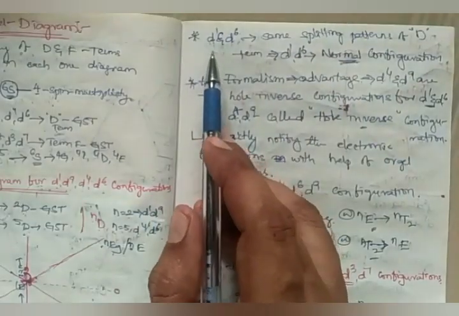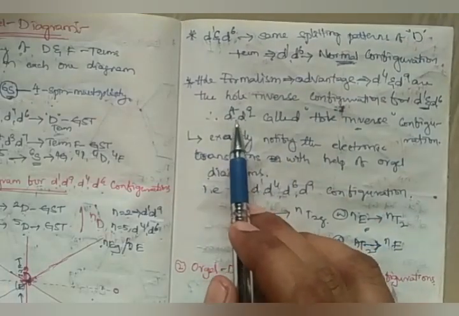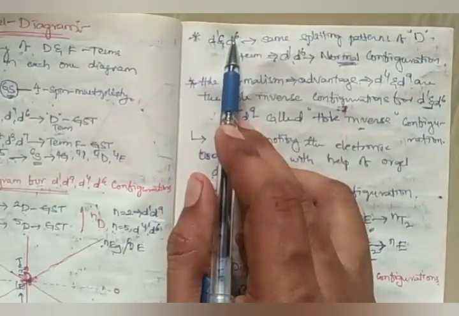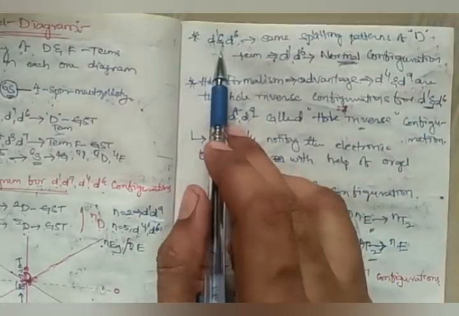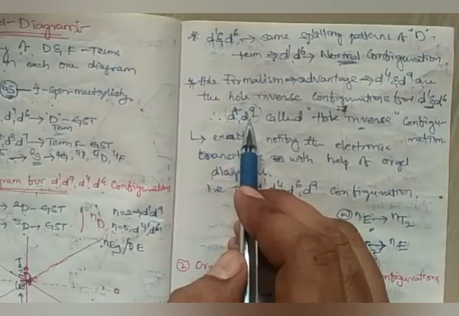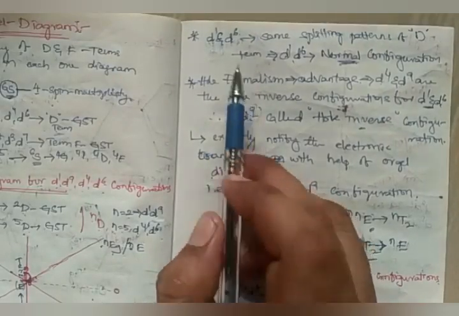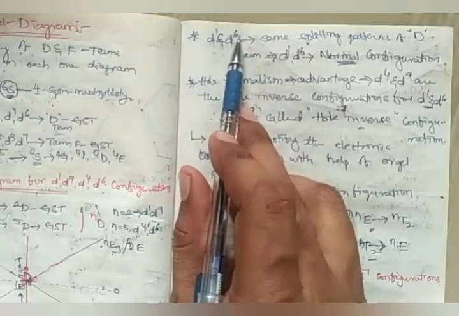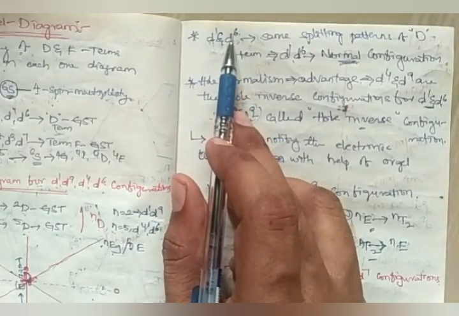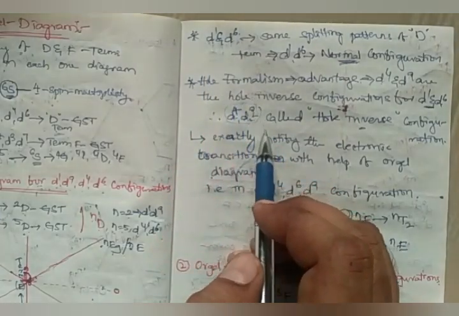And when we compare the d4 and d9 configurations with d1, d6 configuration, they have reverse splitting patterns. So these are called inverse configurations.